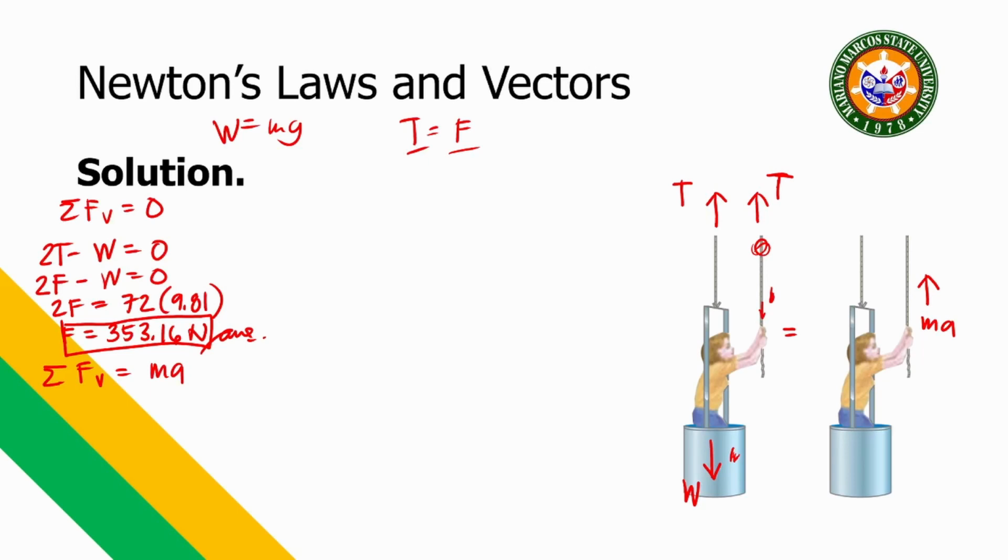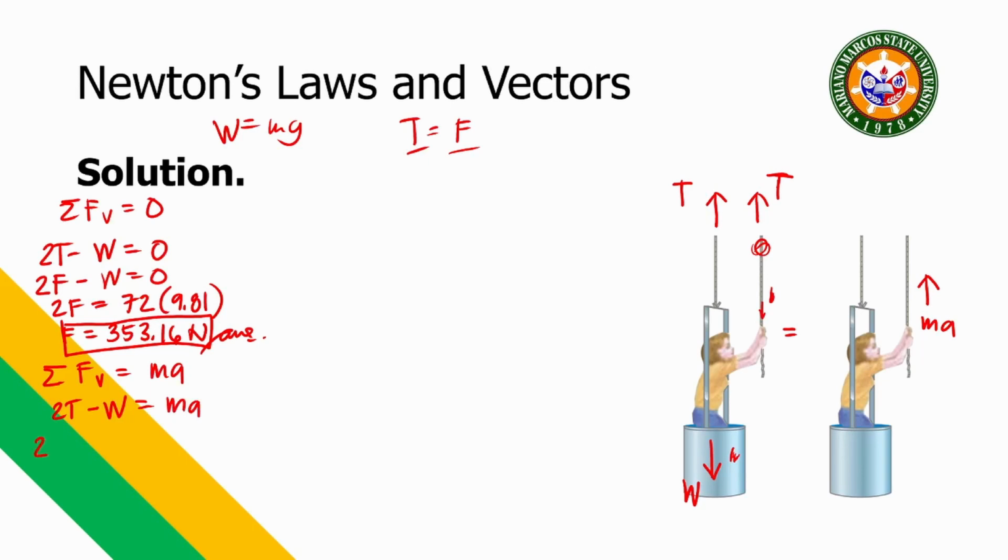Let us first look at the summation of forces. The forces applied will be the same: 2T minus W is equal to, what changed is that it is no longer equal to 0. We are expecting a positive, upward acceleration. So, mass multiplied by the acceleration.